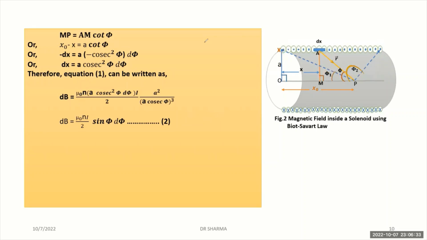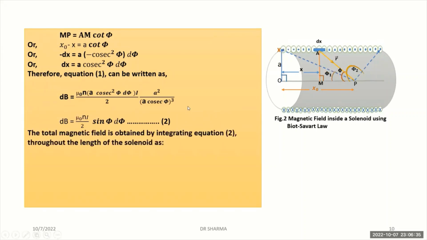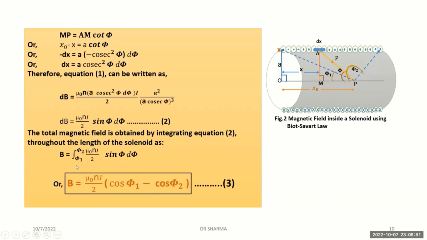Now, integrate this equation and substitute the value of dB from equation 2. Take the constants out of the integration sign and integrate to get B is equal to mu naught n I by 2 times cos phi 1 minus cos phi 2.